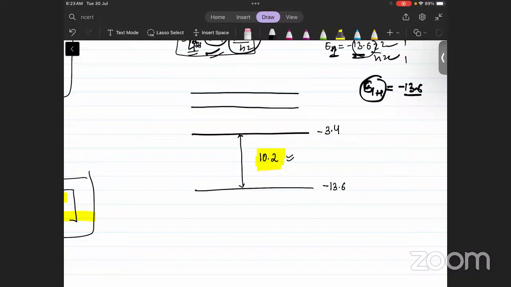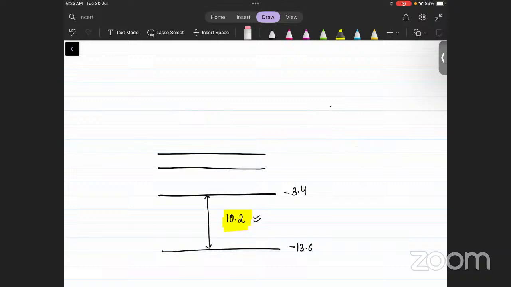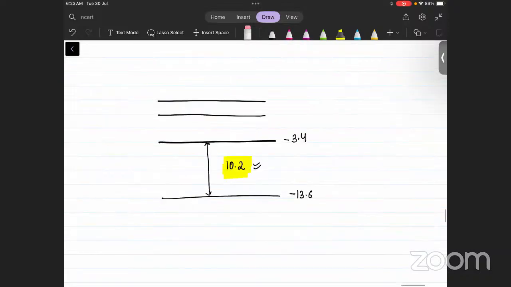Now, what's the energy for the third level? Minus 1.51, and then here you have minus 0.85. Now we can also see the difference is 1.89, and here the difference is 0.66.